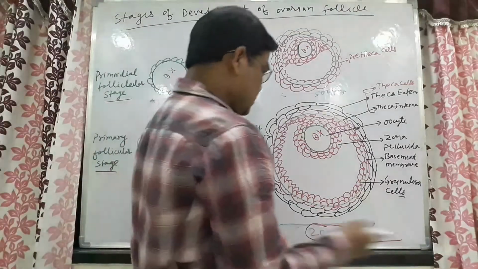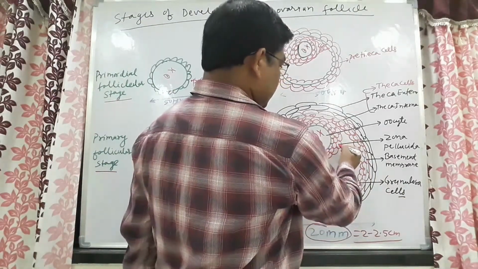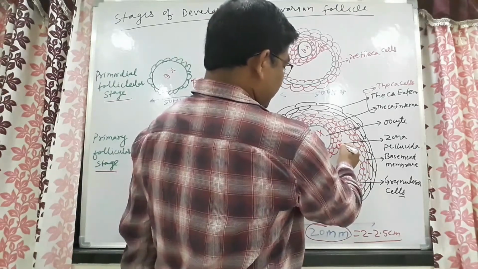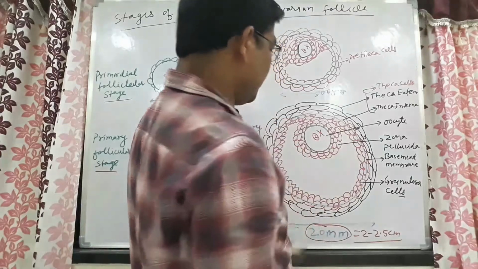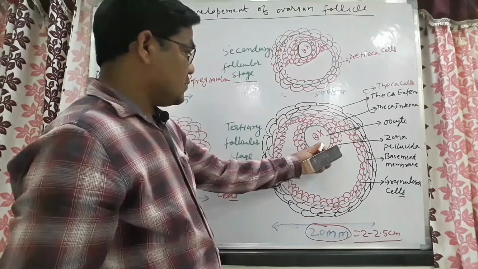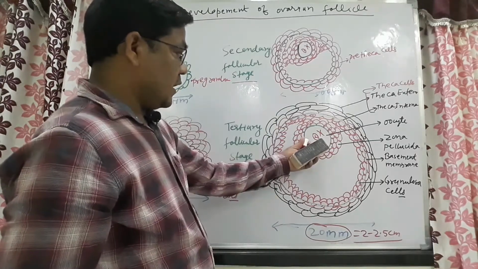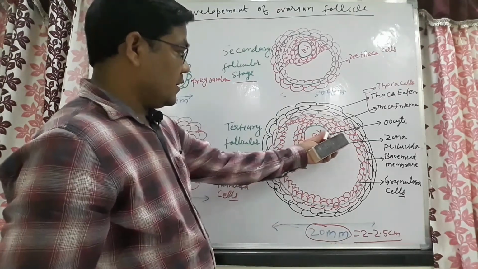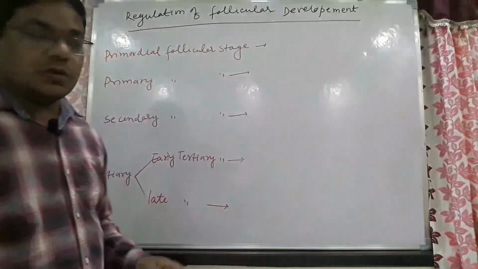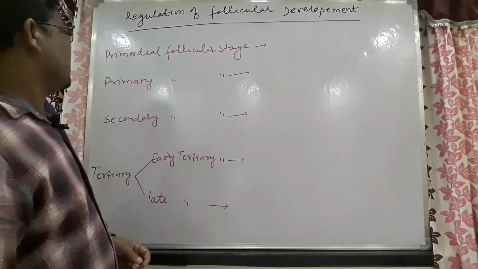Here this is the zona pellucida, this is the glassy material, mucopolysaccharide in nature, that will be secreted by the granulosa cells, which is present between the primary oocyte and the granulosa cells. Now come to the regulation of follicular development.